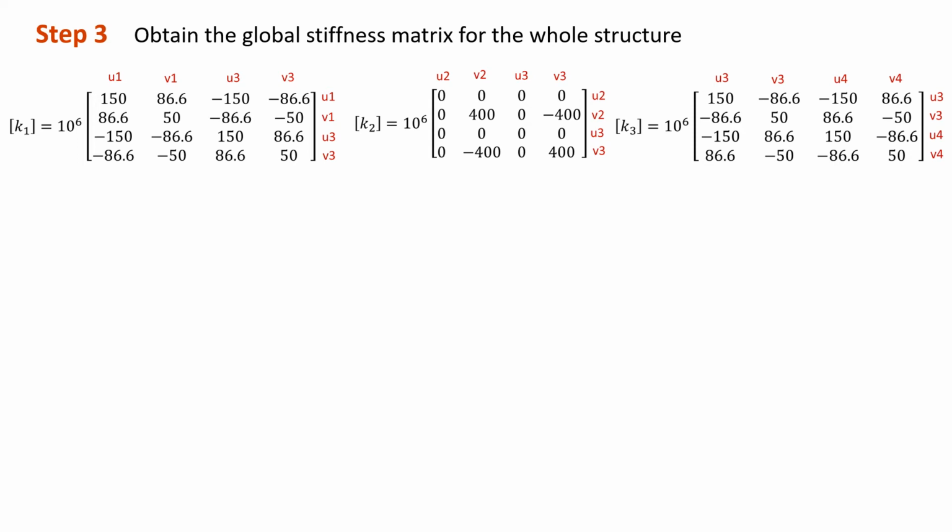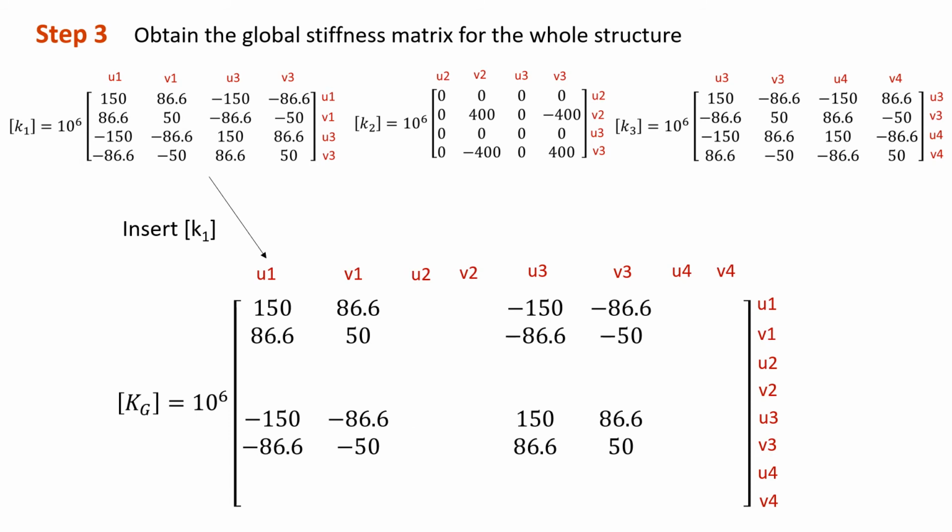For example, we want to insert element 1 first into the global matrix. In the global matrix, we have to define all the columns in the structure. In this case, we have 4 nodes, so we have U1, V1, U2, V2, U3, V3, U4, V4. We have to define all the columns.